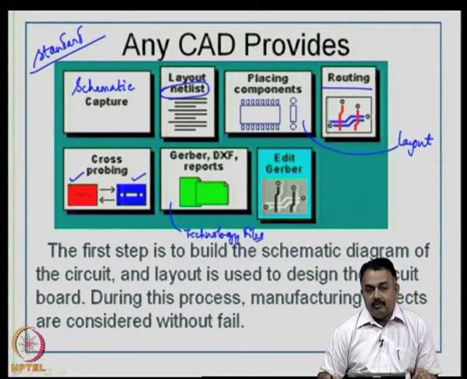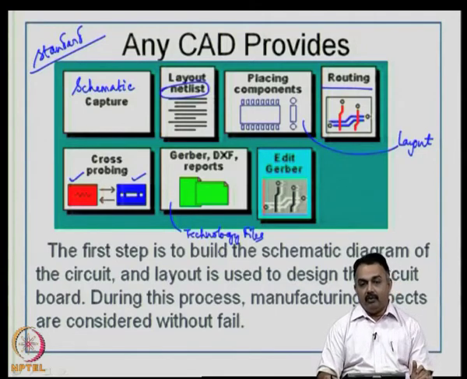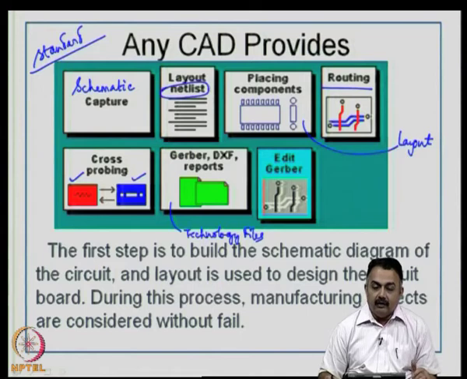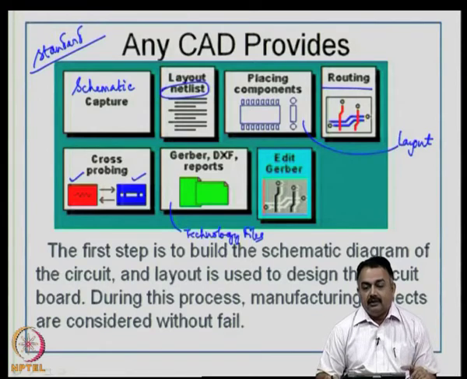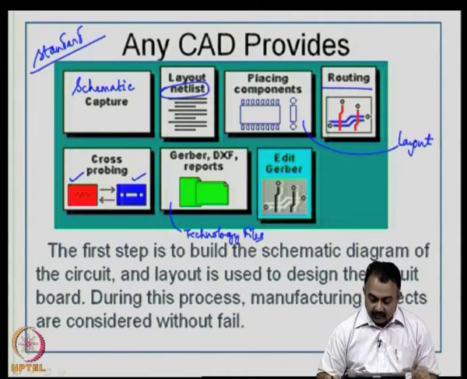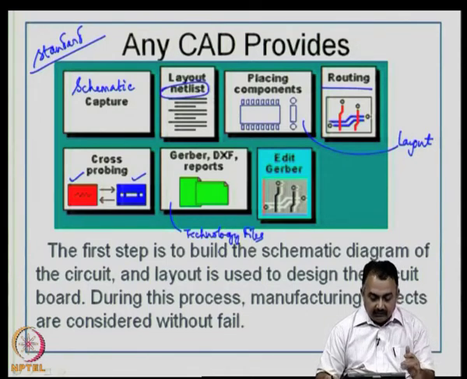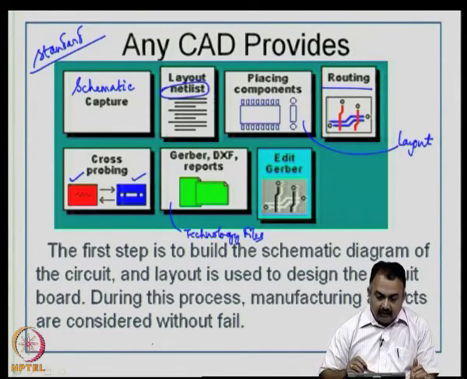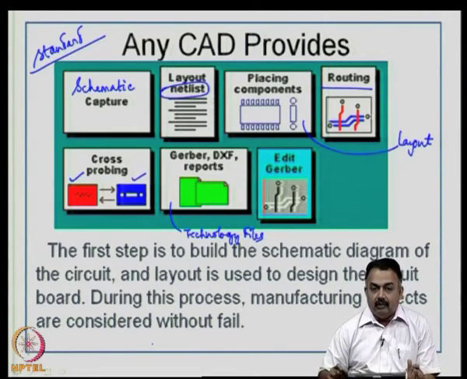Now, there will also be an edit Gerber package that you can work with or the manufacturer can work with on a finished board or a routed board to add logos and some other manufacturing information, to add fiducials and other markers that are required for the manufacturing and assembly of printed circuit boards. So, the first step is to start with the schematic and end up with a layout or a routing, and during this process your mind is always into thinking about manufacturing and assembly.